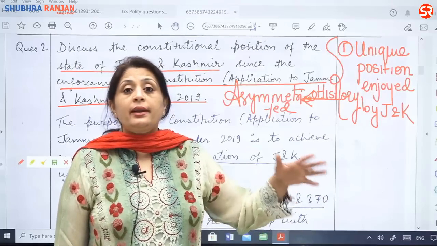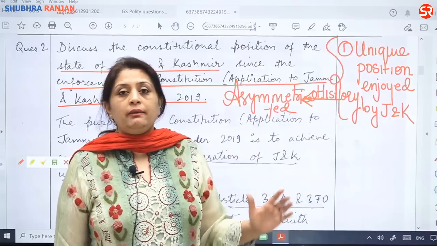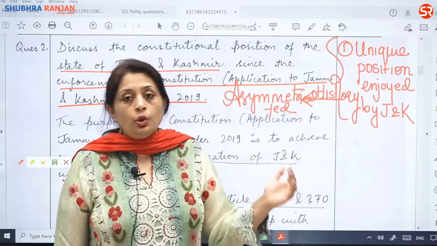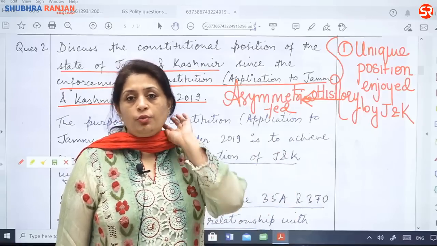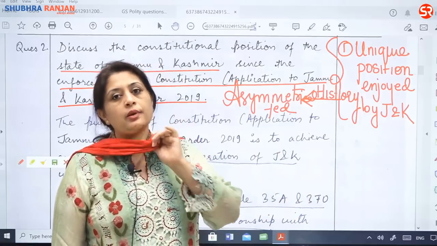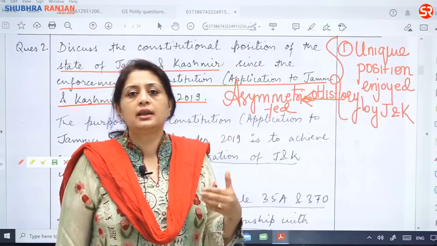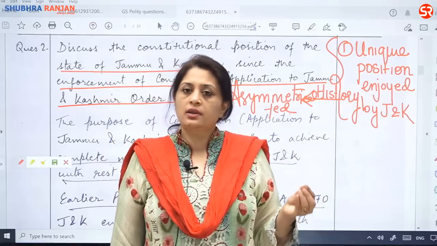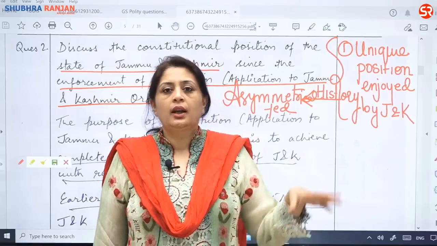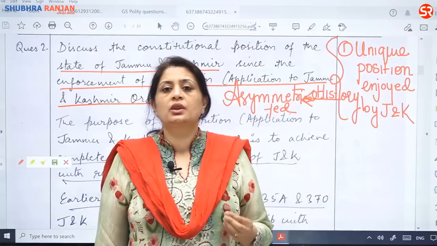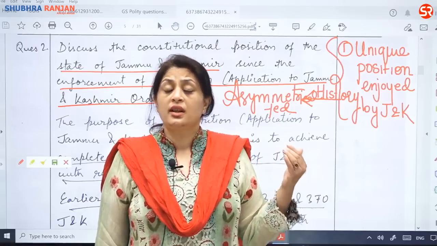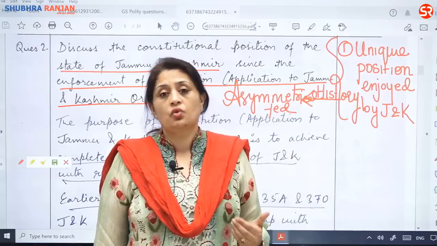So these are certain justifications given by the government, though there are many people who believe that the step will further increase the insurgency and the separatist trends in the region, and the government's decision has been challenged in a number of petitions in the Supreme Court.